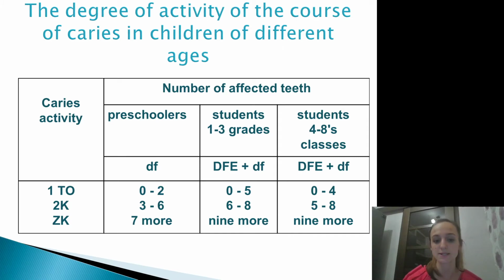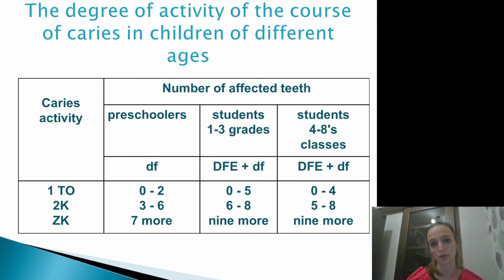Preschoolers, it is index d plus f, so decay and fillings. It is only for temporary teeth. Next one, students from 1 to 3 grades, index DFE plus df. So big letters are for permanent teeth, DFE.